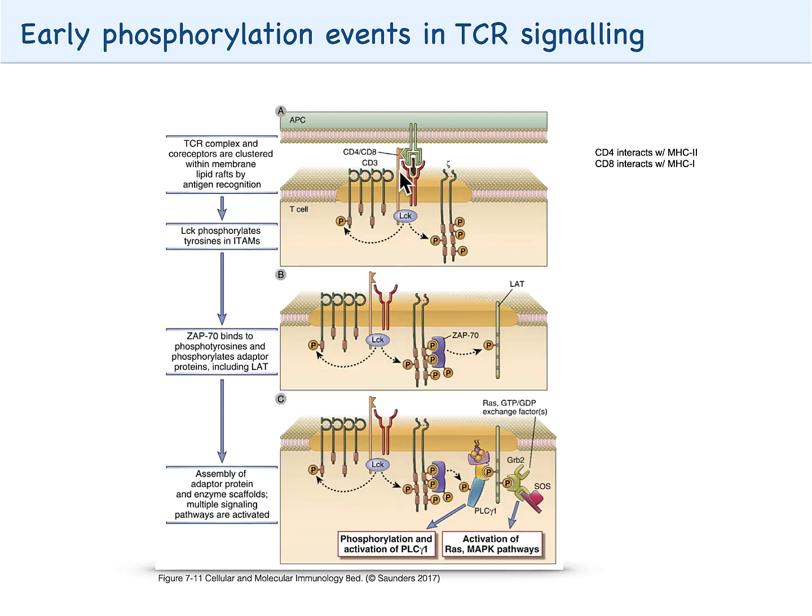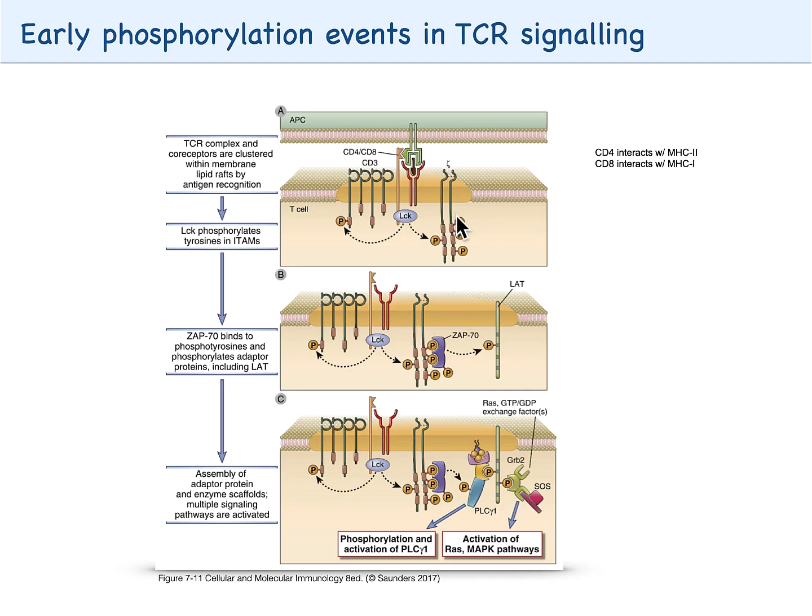After engagement, LCK gets recruited to the CD4 or the CD8 molecule. It's not very well known mechanistically how this works. Of course, there is a conformational change that allows LCK to bind, and LCK will phosphorylate the ITAMs in the CD3 epsilon and the zeta.